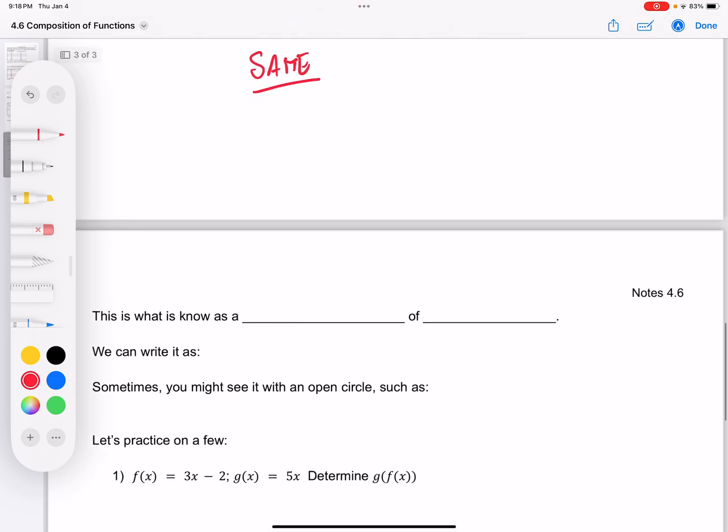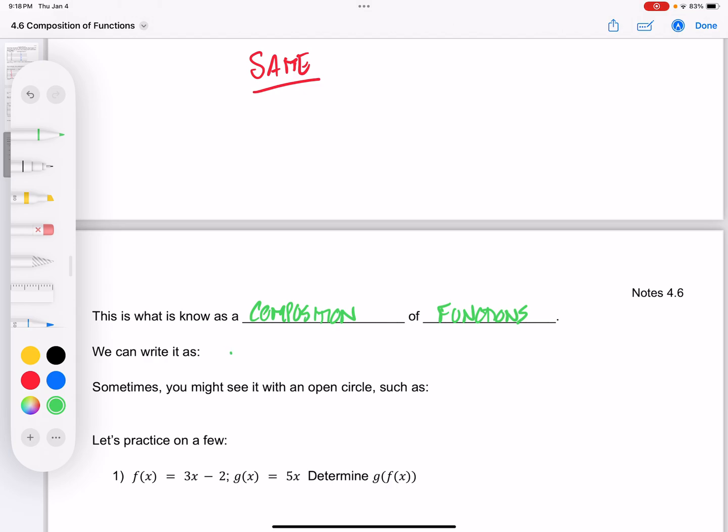What we have just created is called a composition of functions. That's when you do one function, you get a result, you get an output, and then you take that output and you put it in to the next function. That's a composition of functions.